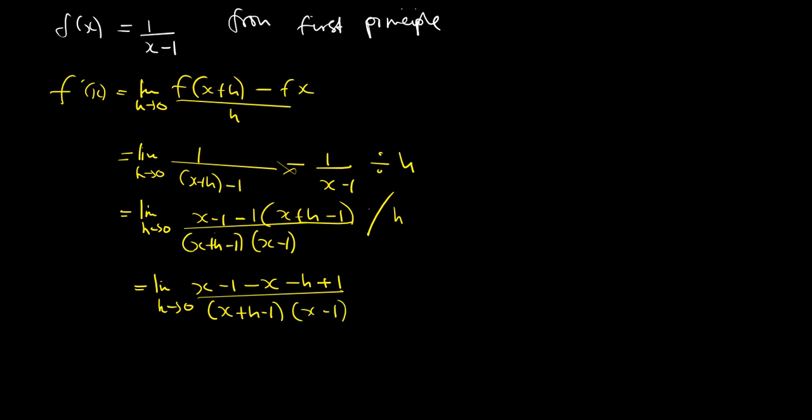We can see this one goes with this one, so again this one goes with this one, so we remain with the negative h on top. So we'll say lim as h approaches 0, negative h on top over x plus h minus 1, then x minus 1, like that.